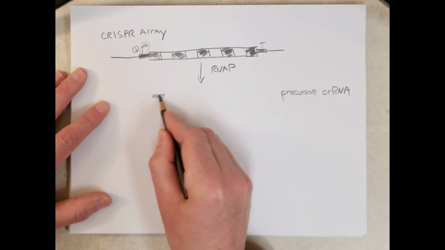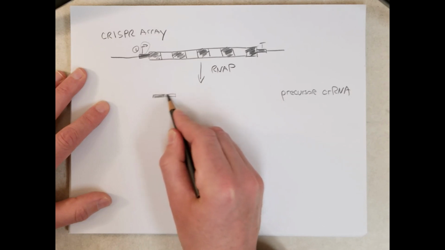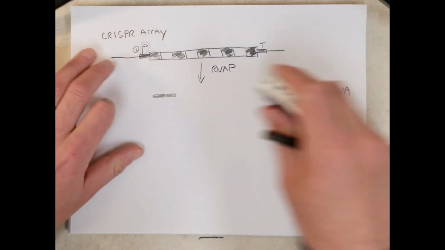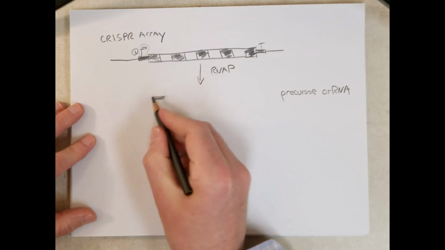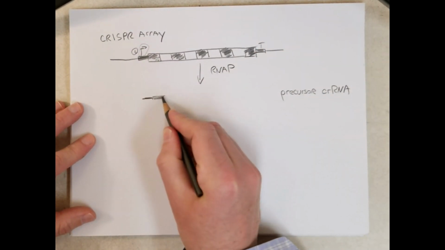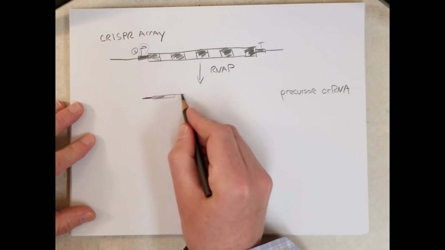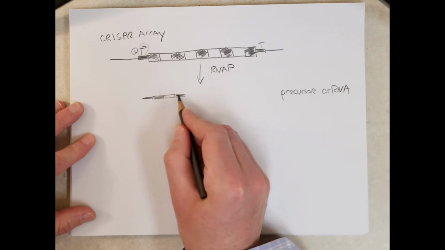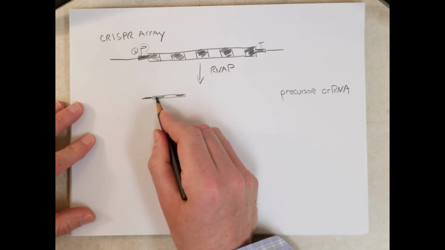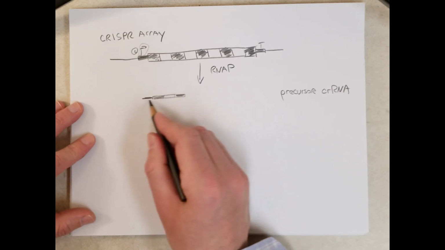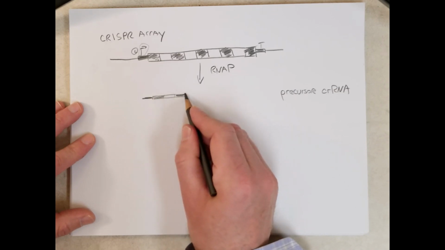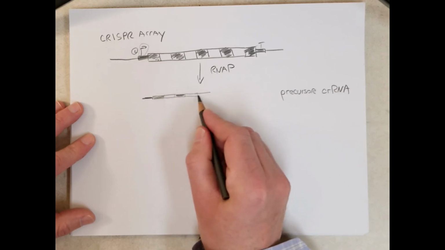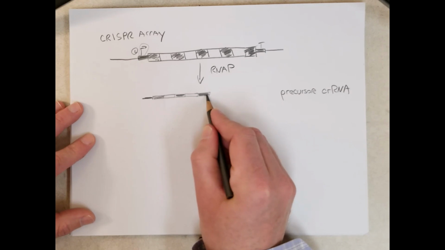So this is our RNA sequence right here. So here's the leader, here's a repeat. Now it doesn't matter if we have a unique sequence coming right after the leader, or a spacer coming, or a repeat coming right after the leader. As long as we're alternating, we have the general idea of what these arrays look like.